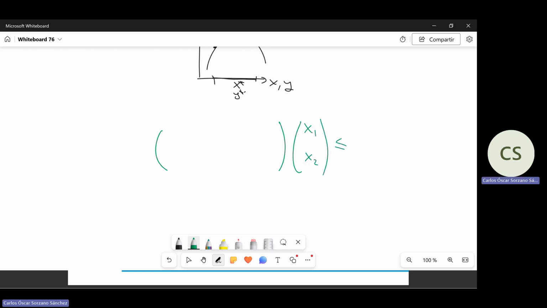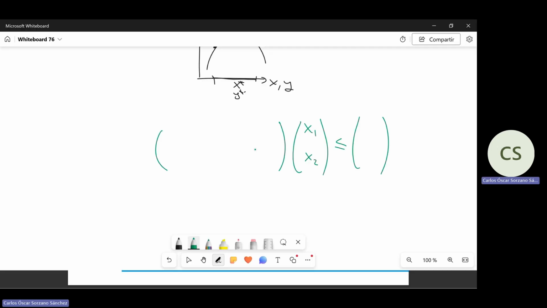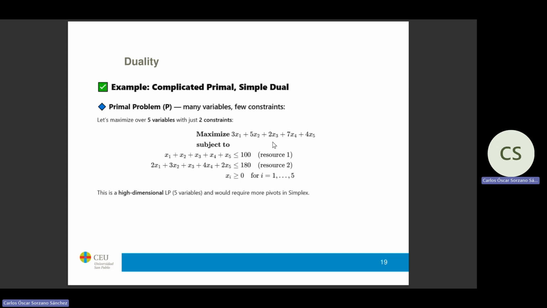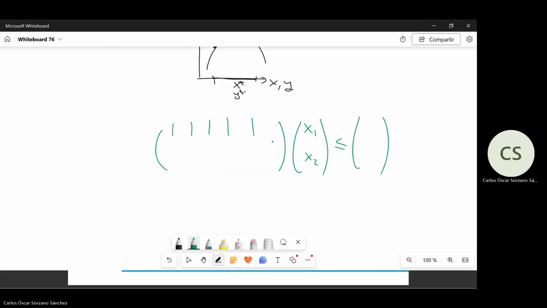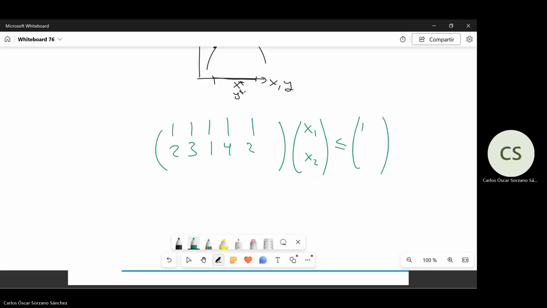This is 1, 1, 1, 1, 1. The other one is 2, 3, 1, 4, 2, which is smaller or equal to 100, 180.